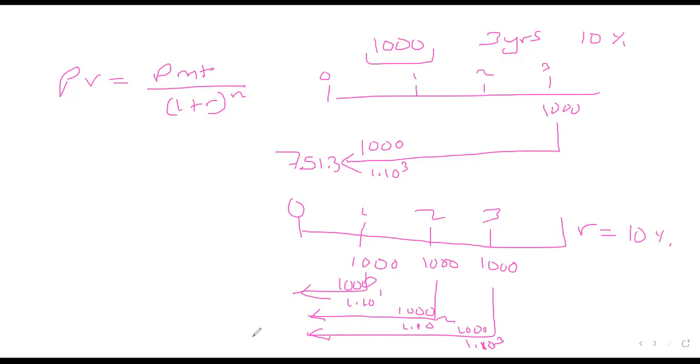Already we have this one. This 1,000 after 3 years is not worth 1,000. Today it will be worth 751.3. How about the one you're receiving in 2 years? How much is it worth today? It's 826.4.